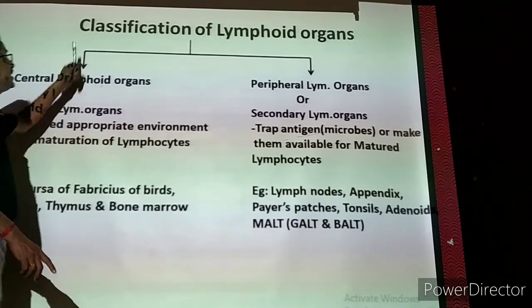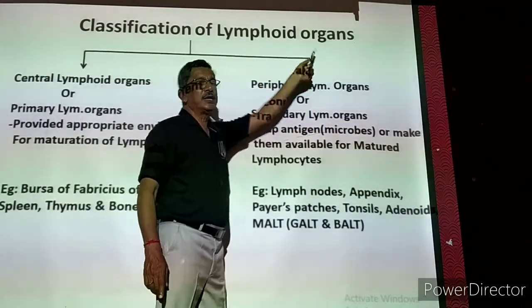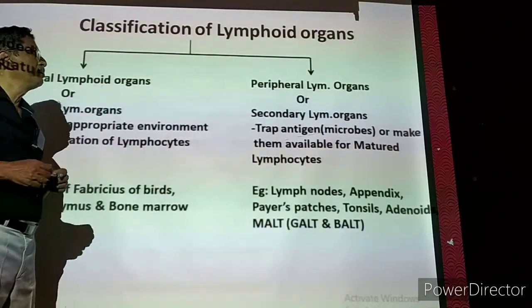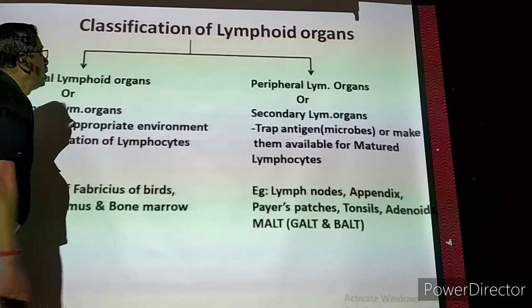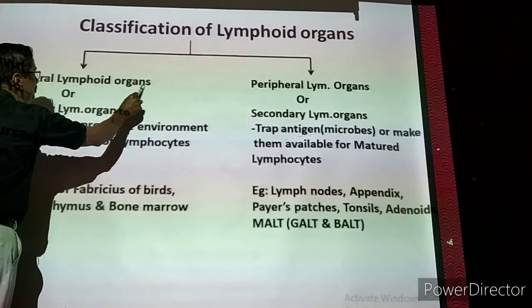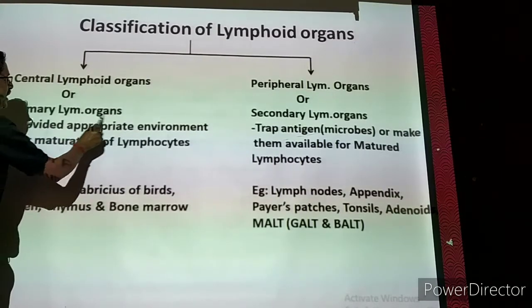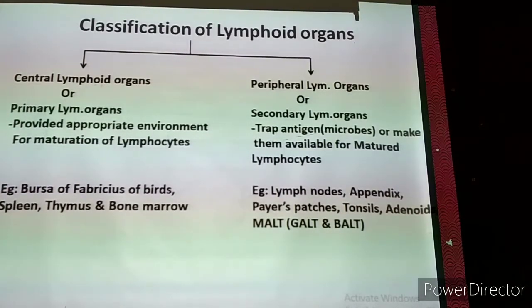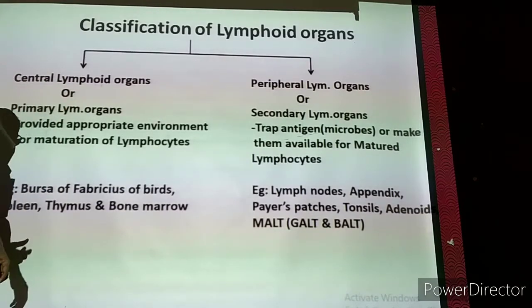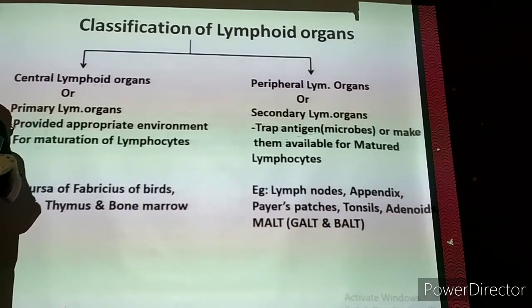Now we are going to classify the lymphoid organs. Just before I told you lymphoid organs are scattered in our body. Now we are going to classify them. We can classify the lymphoid organs into central lymphoid organs or primary lymphoid organs. Now the first group, central or primary. Central means don't think that the organs are present in the center of the body.